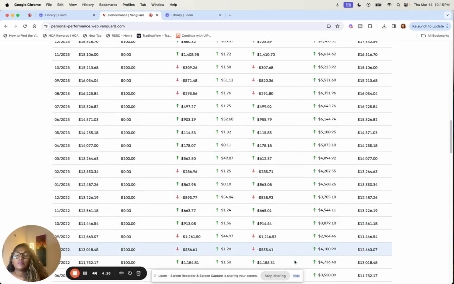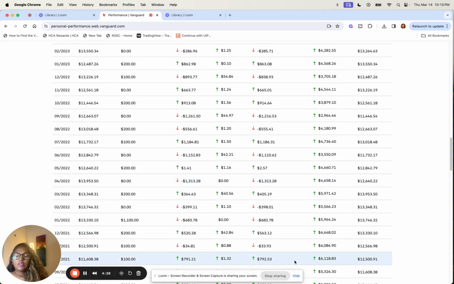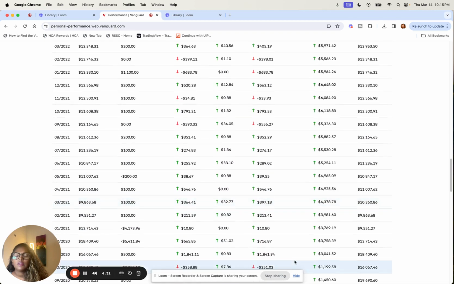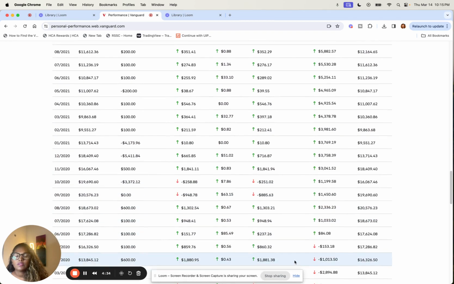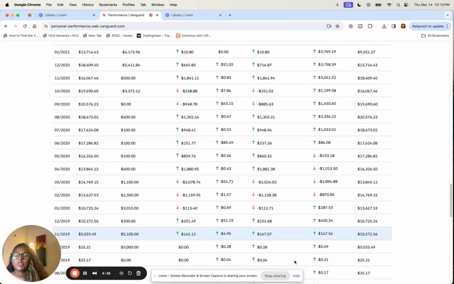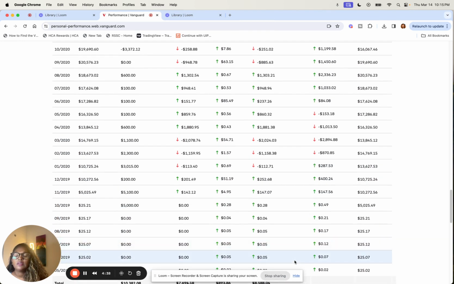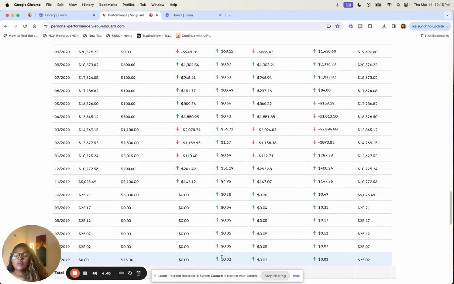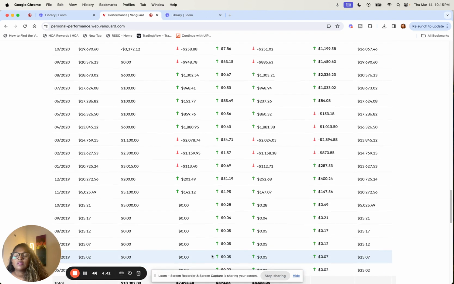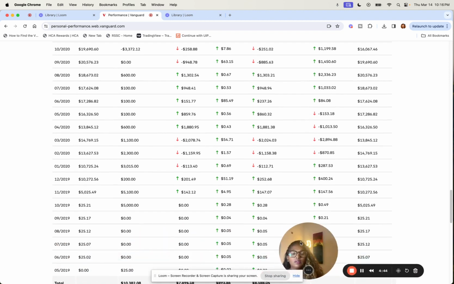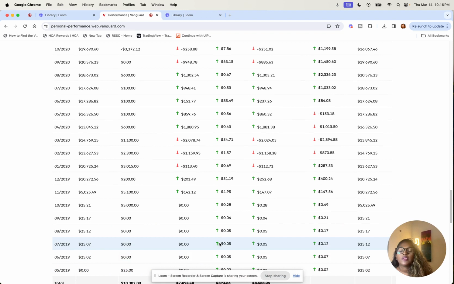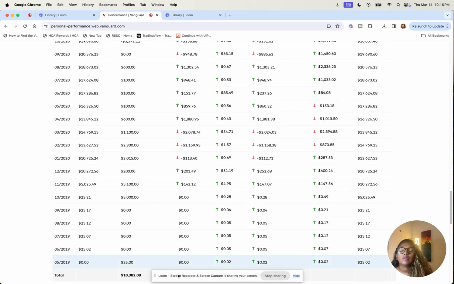I'll come to the bottom here, to the details, to show you from the inception in 2019 when we were looking at this account. In 2019 there was $0 in it, and I only had $25 in it.